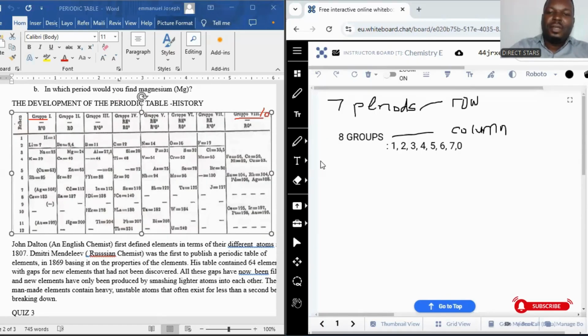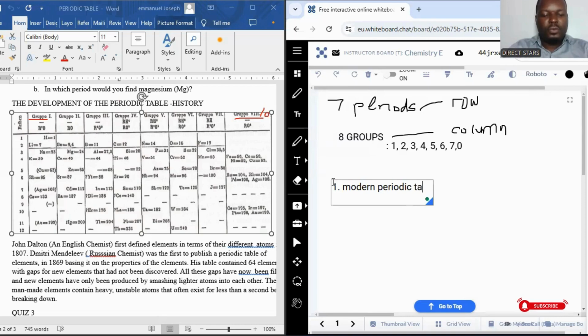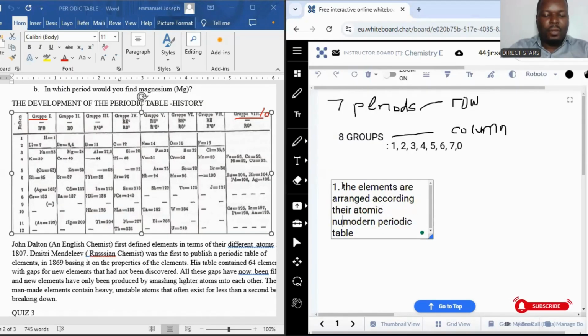The major differences are: one, in the modern periodic table, the elements are arranged according to their atomic number.